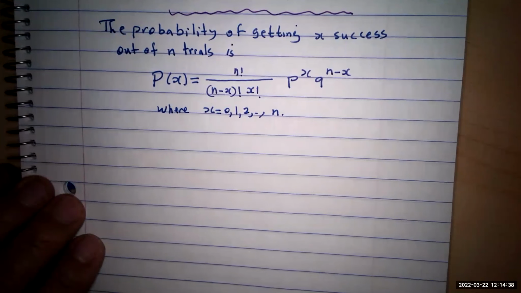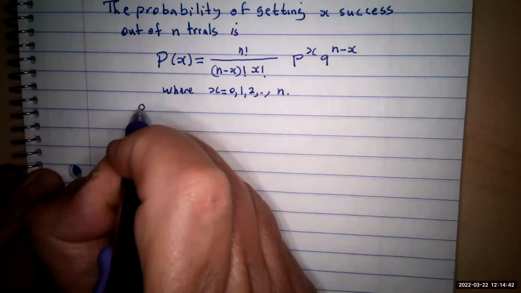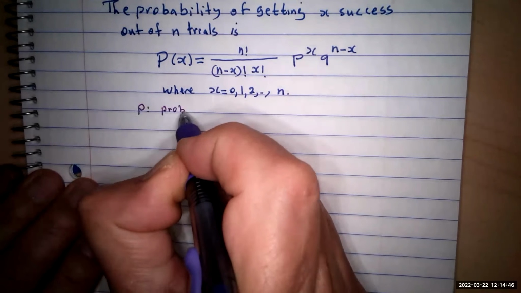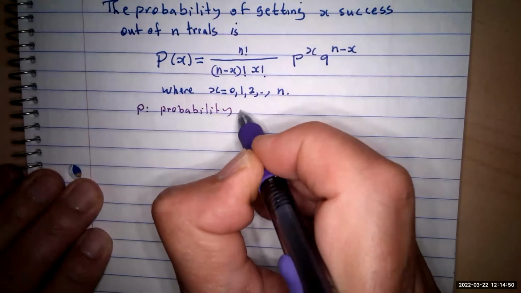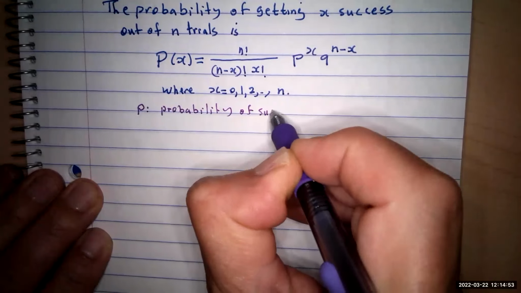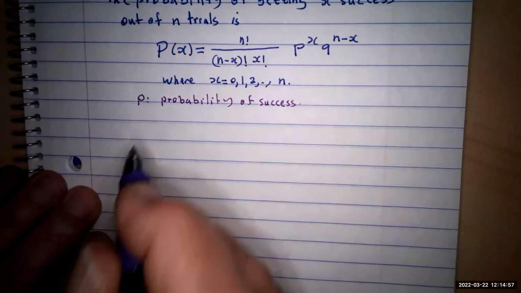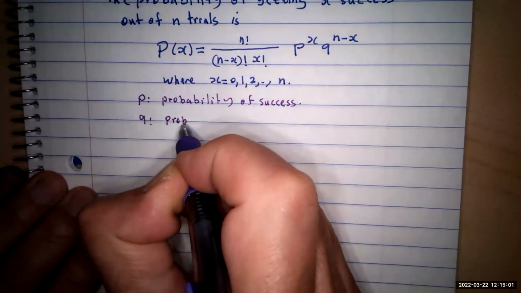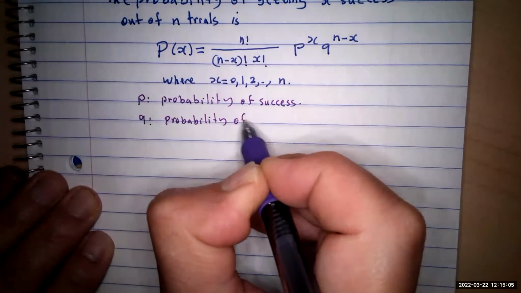Now, when you use this formula, you need to know the following. P is the probability of success. That would be given to you. Q is the other way around, the probability of failure.